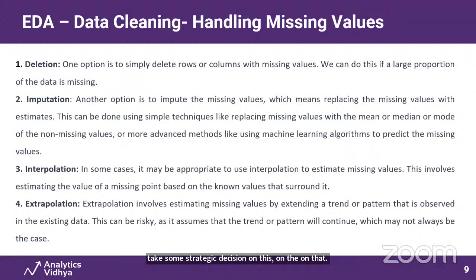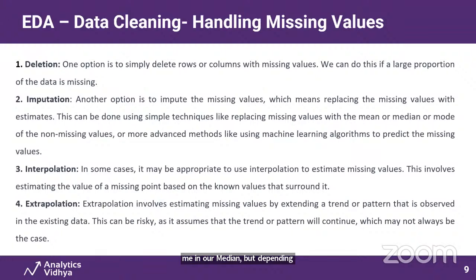For imputation, you can use statistical measures like mean, median, or mode, but it is not a thumb rule, because we cannot always impute with mean, median, or mode. For numerical data we generally try to impute with mean or median, depending on the symmetry of the data.